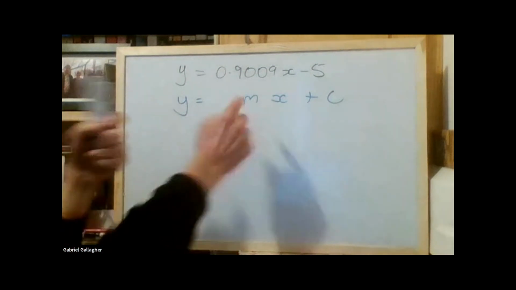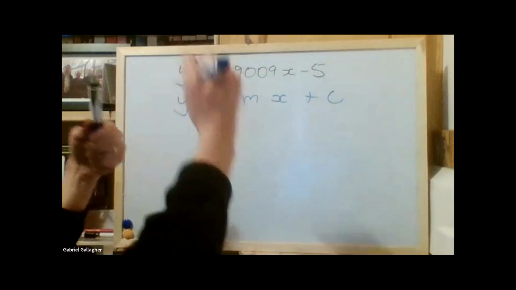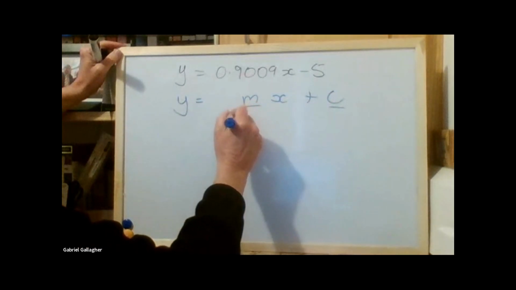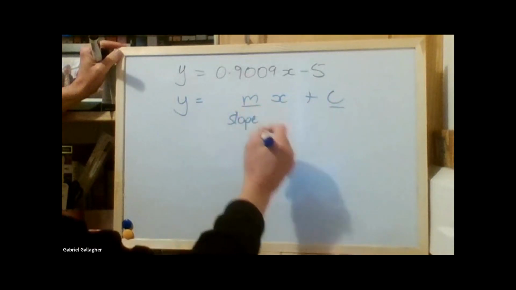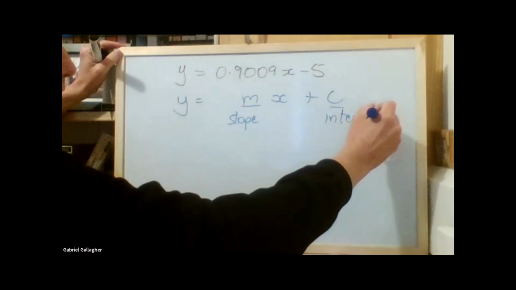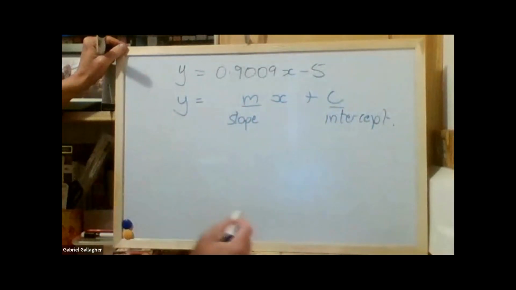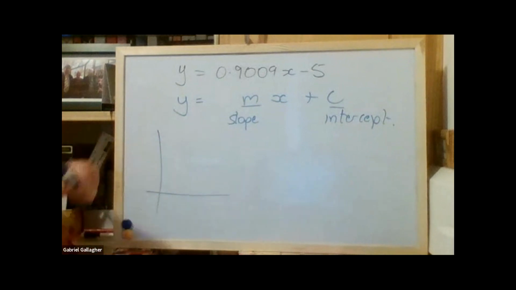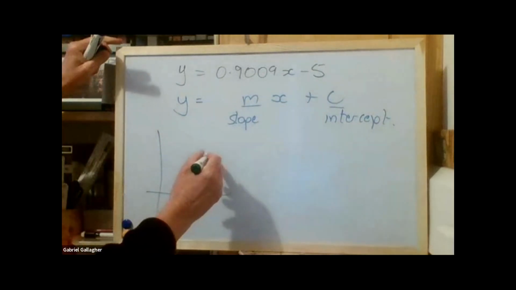If we compare these, first of all, it's important to be clear what m and c represent. m is the slope of the line and c is the intercept, that is where the line meets the y-axis. So in our case, there's our axes. The graph, I'm just looking for a different color. Hopefully you see this.